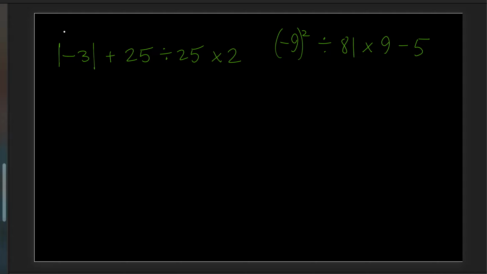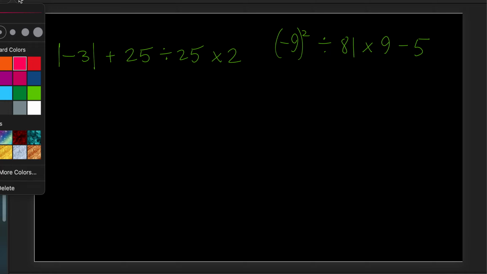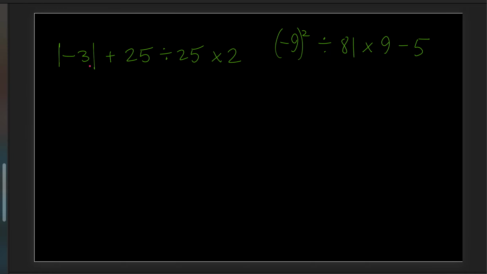Moving on, we have expressions to simplify by using the order of operations. So first we have the absolute value of negative 3 plus 25 divided by 25 times 2. So what do we do first?